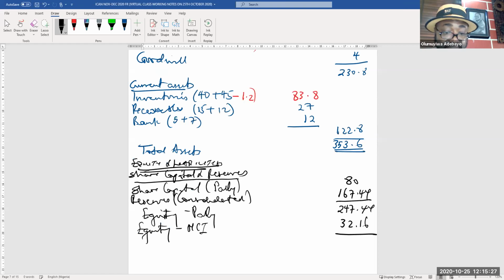Can we add it together? Somebody should give me the value of total equity. 32.16 plus 247.44. That is 279.6.